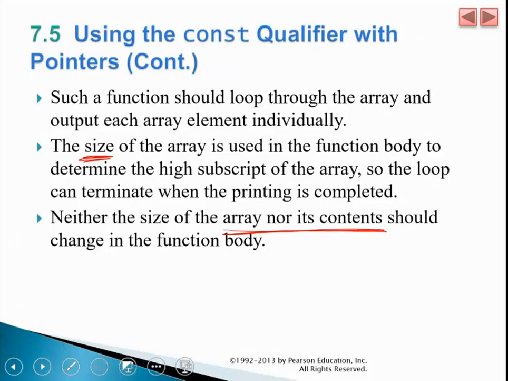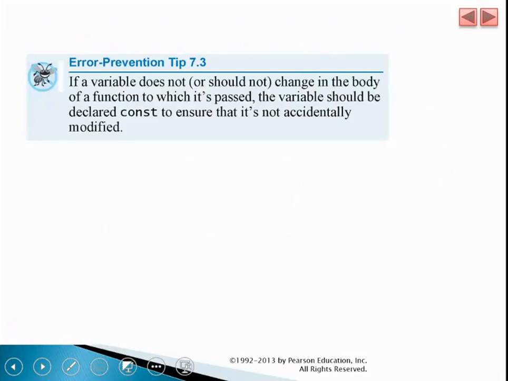In such cases, what we can do is make use of the constant qualifier. If a variable does not or should not change in the body of a function to which it is passed, the variable should be declared as constant.